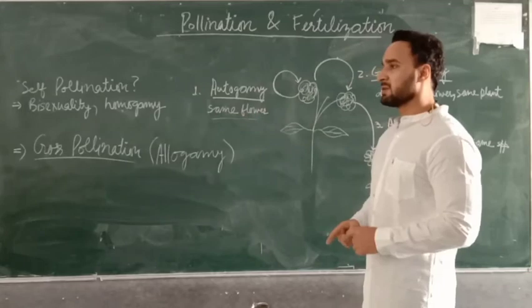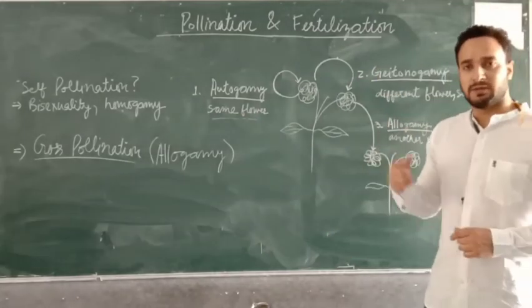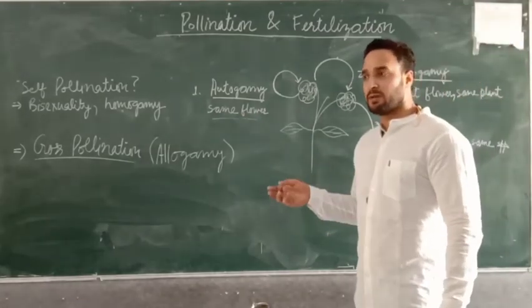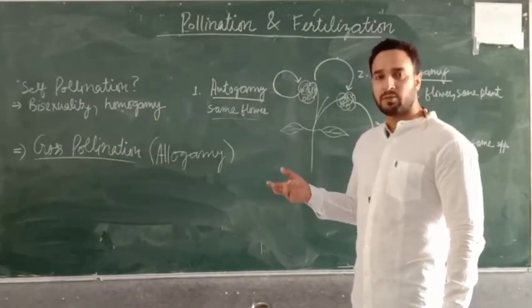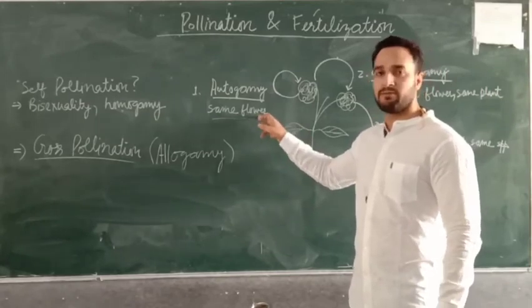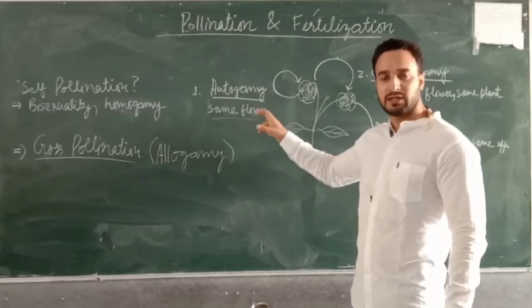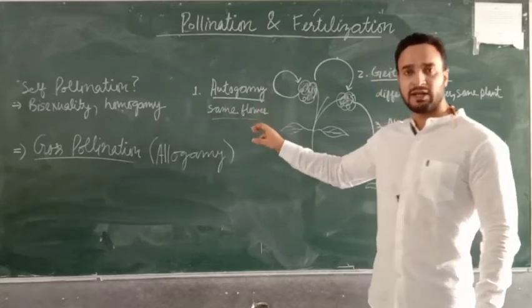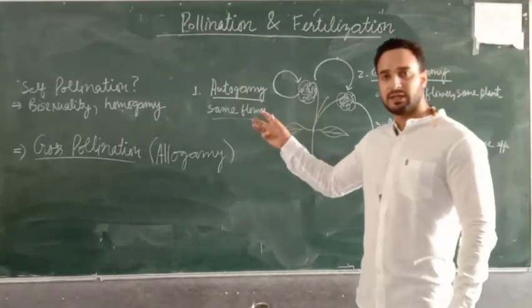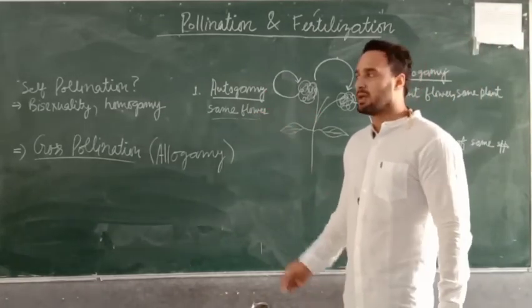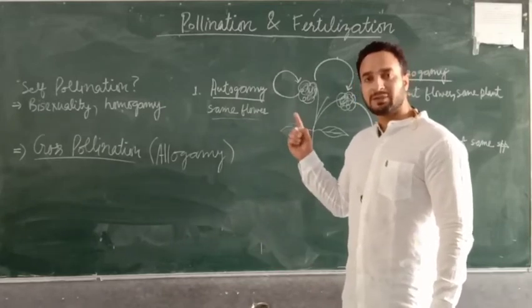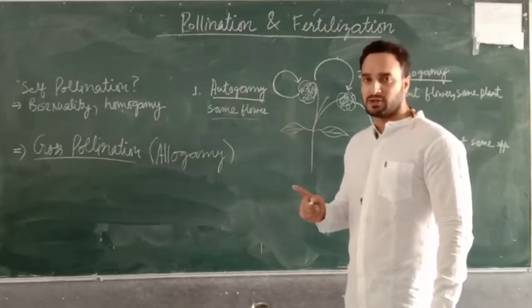So both this anther and the stigma are contributed by the same flower. Means the pollination is occurring in the same flower. The pollen grains as well as the stigma are from the same flower. So this condition is called autogamy, and autogamy is one of the types of self-pollination, right?